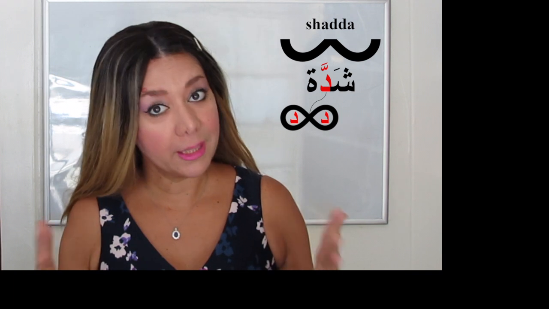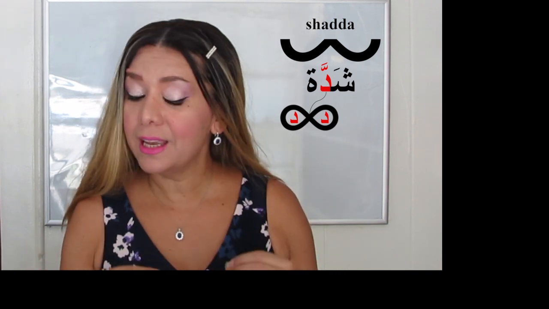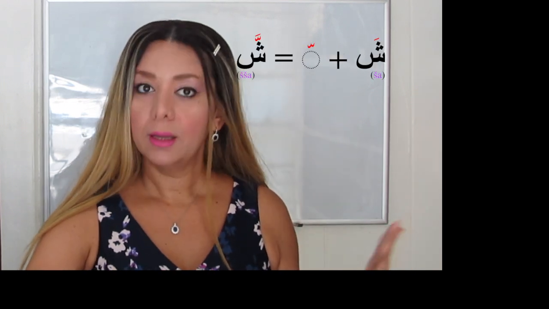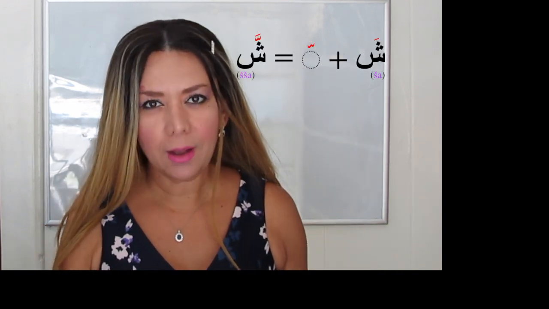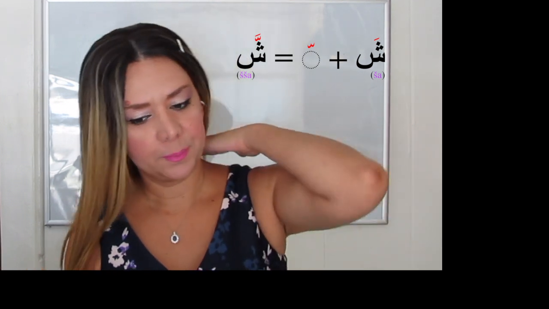And this sign is called shadda, which is a diacritic that indicates the gemination of a consonant. Thus, emphasis, causing an alteration in pronunciation since you stress it, in the manner that sha becomes sha when accentuated.